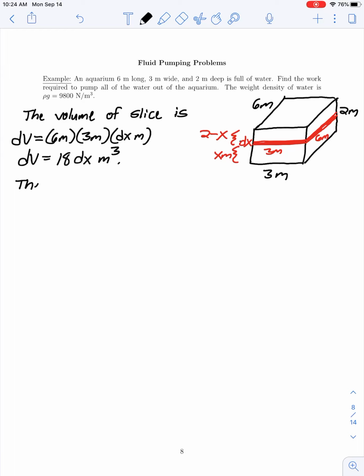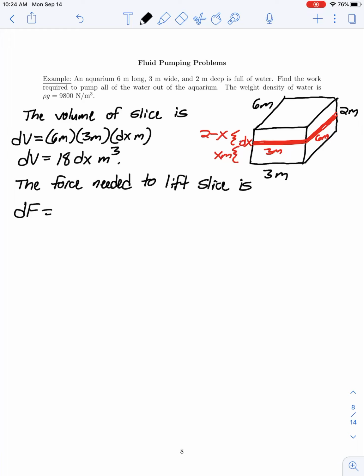So here I'll say the force needed to lift my slab or my slice of fluid is a differential of the total force, F, I need to pump all of the fluid out of this tank.